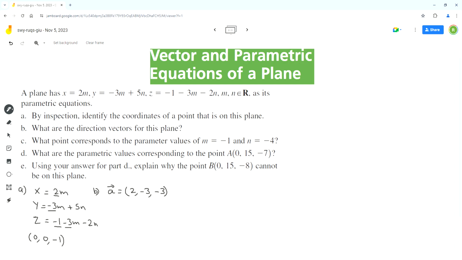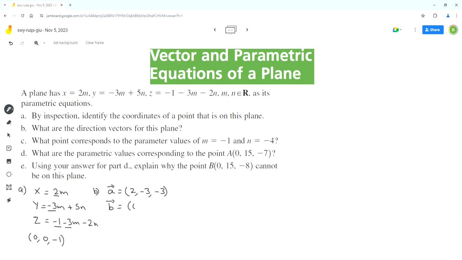Now we can find the other direction vector from the n terms, the other parameter in the equation. The components of the other direction vector are the coefficients of the n terms in these parametric equations. So let's assume B is the other direction vector. The x component of the B vector is 0 because the x equation has no n term.